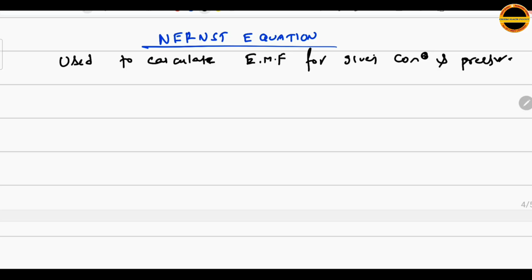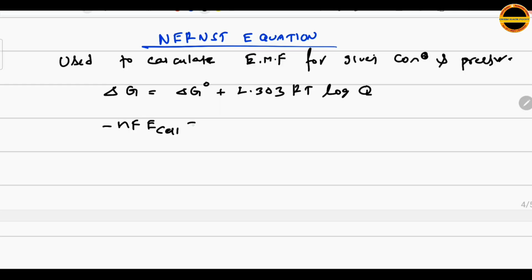How do we get the Nernst equation? According to thermodynamics, delta G is equal to delta G naught plus 2.303 RT log Q, where Q is the reaction quotient. Delta G we can write as minus nFE cell, and in standard form minus nFE naught cell.